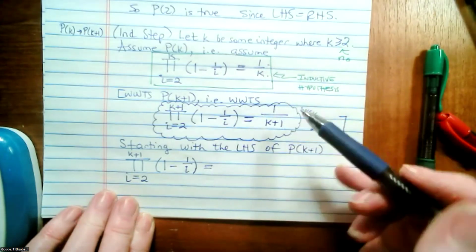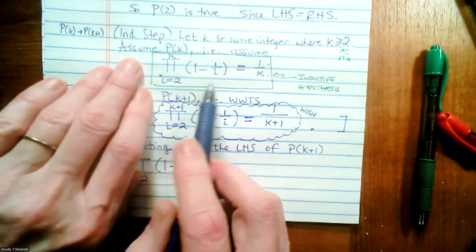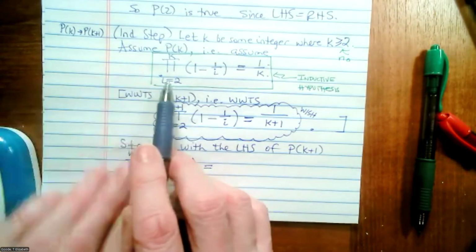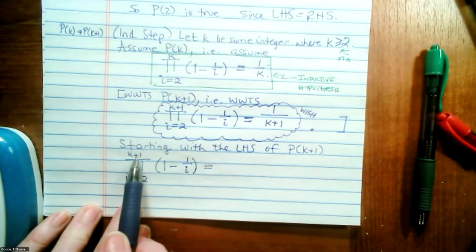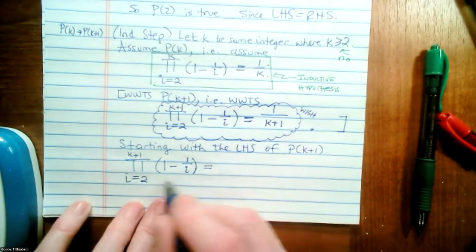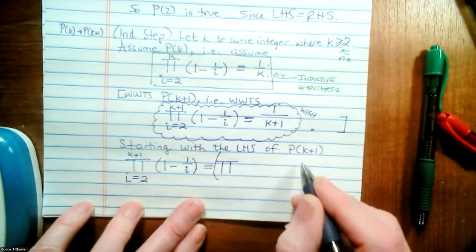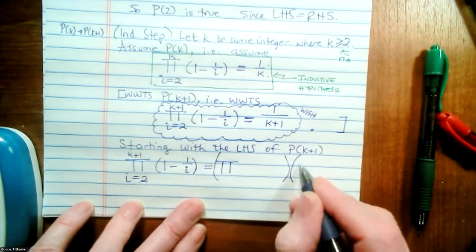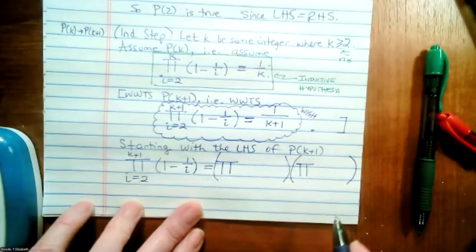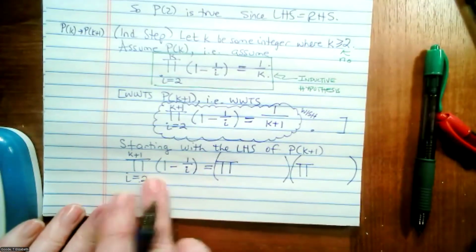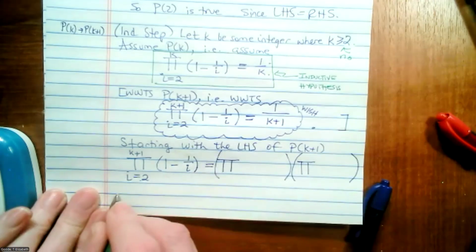It's not the right fraction, but since we want to be able to use this product from I equals 2 to k, and we have a product from I equals 2 to k plus 1, we can break this into two products. Does it really matter how we group the factors when we're multiplying a bunch of stuff together? It does not. Let me just show you what's really going on.